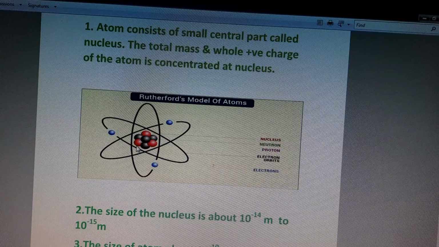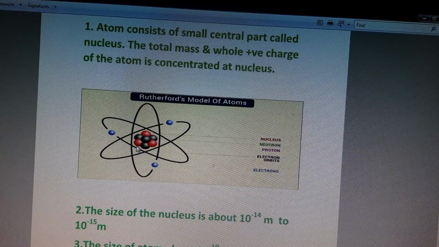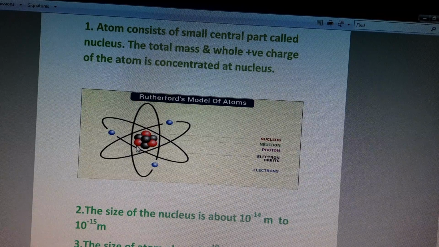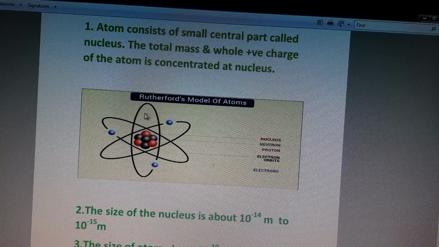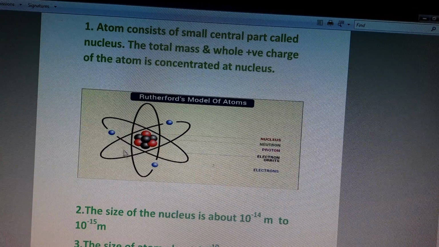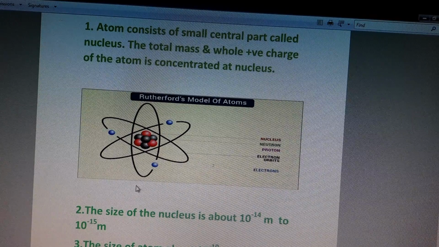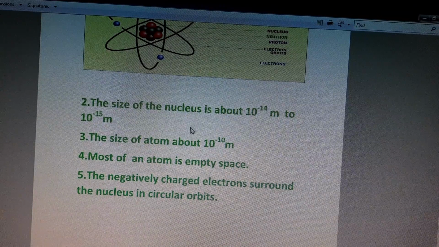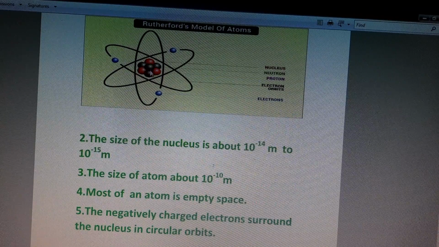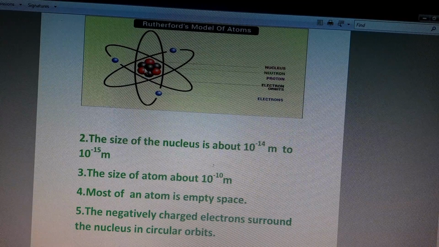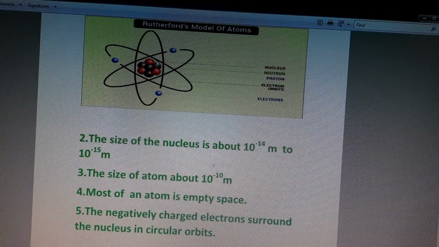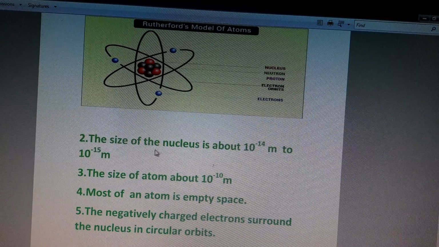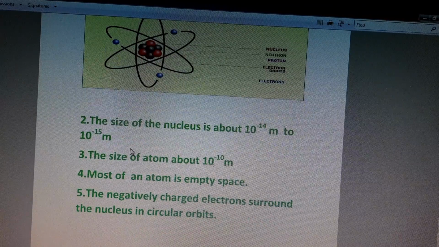The combination of protons and neutrons is called the nucleus. The nucleus charge is positive and electrons revolve around the nucleus. The second point, according to the Rutherford model, is the size of the nucleus, which is equal to 10 power minus 14 meters or 10 power minus 15 meters.